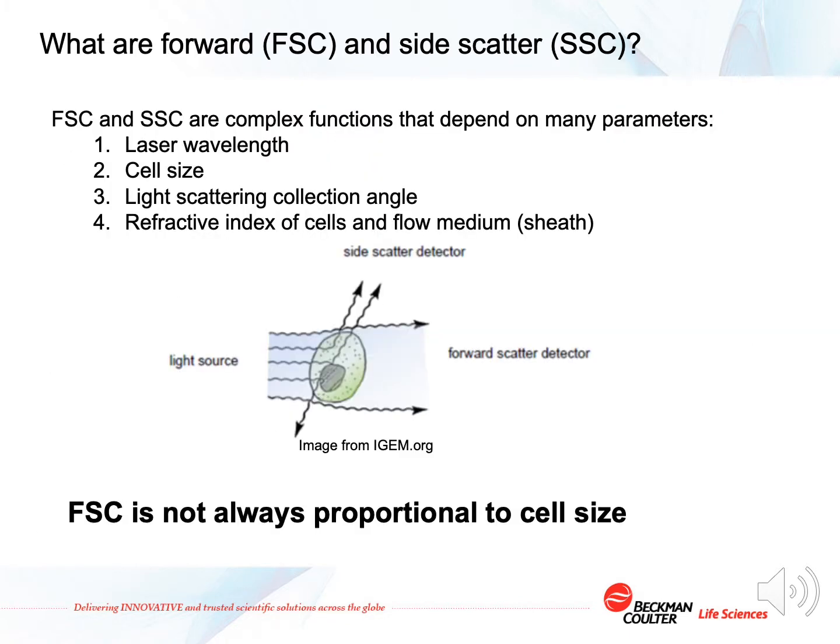In actuality, forward and side scatter are complex functions that depend upon many parameters, including laser wavelength, cell size, light scattering collection angle, and refractive index of the flow medium. In summary, using forward and side scatter as indicators of size and granularity is not straightforward, and doing so can often mislead the researcher regarding cell volume and granularity.